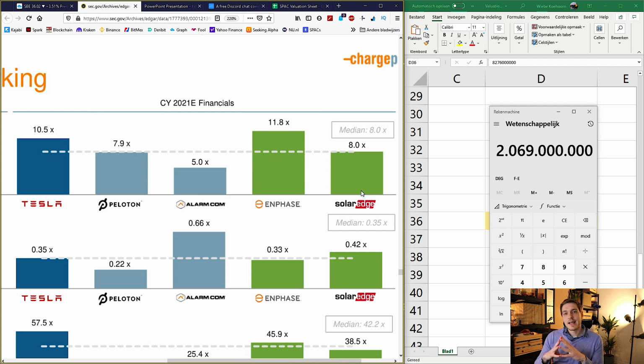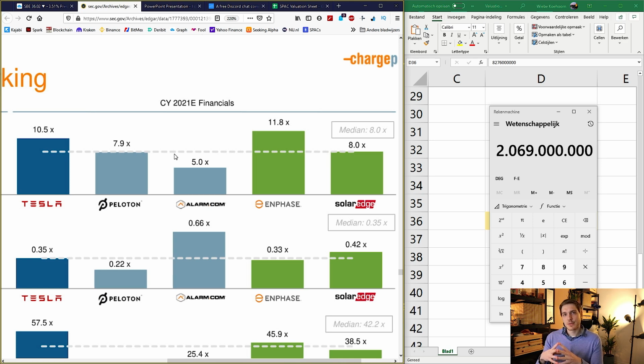They've taken a look at their EV to sales ratios, or their enterprise value to revenue ratios: Tesla, 10.5x, Peloton, 7.9x, Alarm.com, 5.0x, Enphase, 11.8x, and SolarEdge, 8.0x.